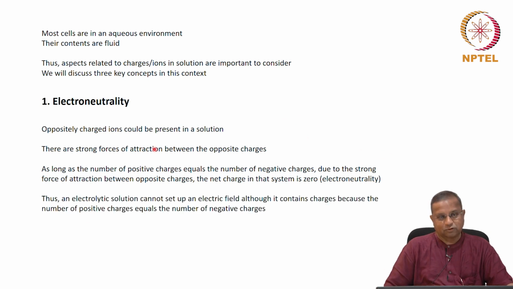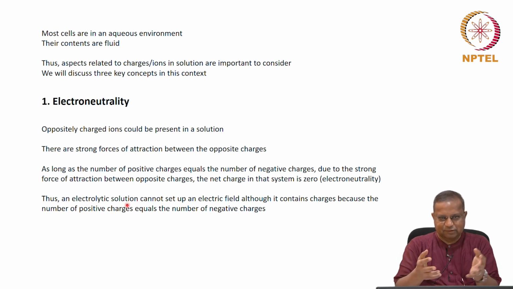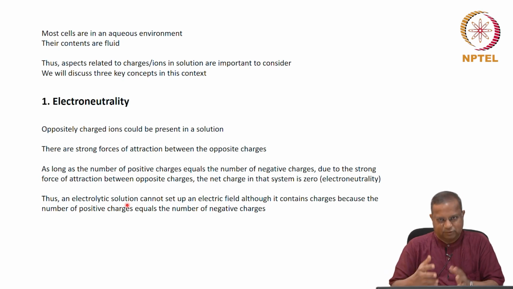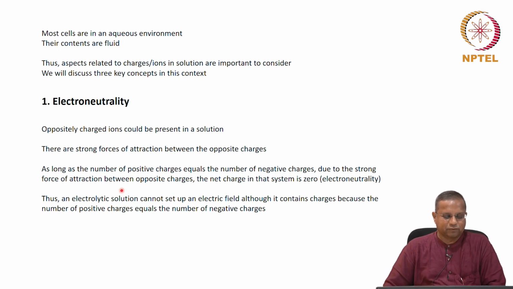Also, there's another interpretation of this which is very important for us. An electrolytic solution which has equal numbers of opposite charges, K plus and Cl minus for example, cannot set up an electric field although it contains charges, because the number of positive charges equals the number of negative charges and they cancel each other.